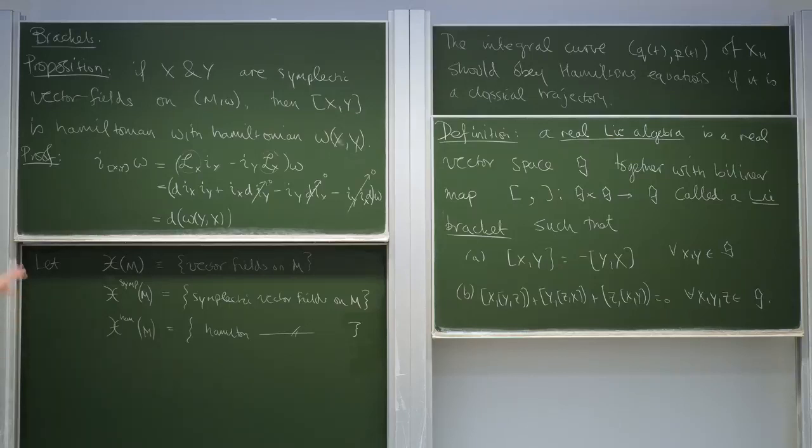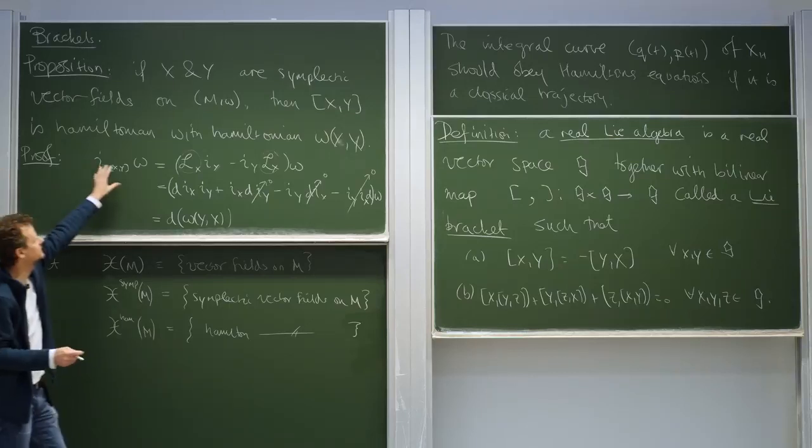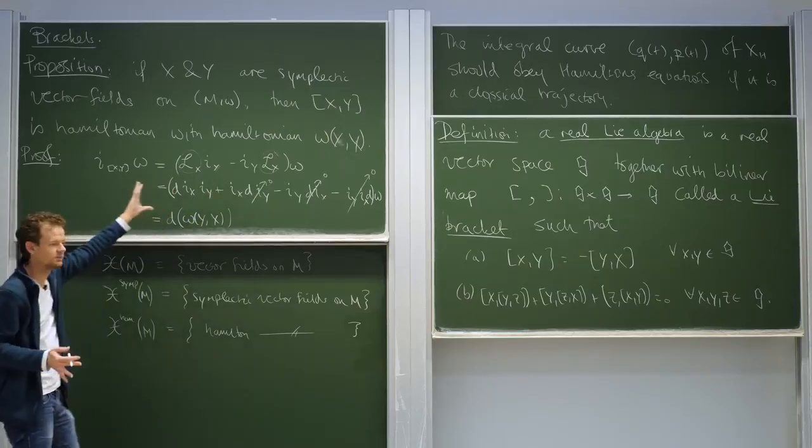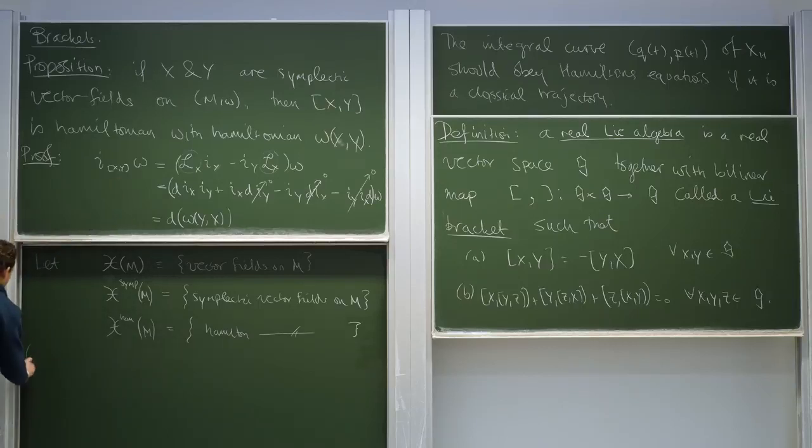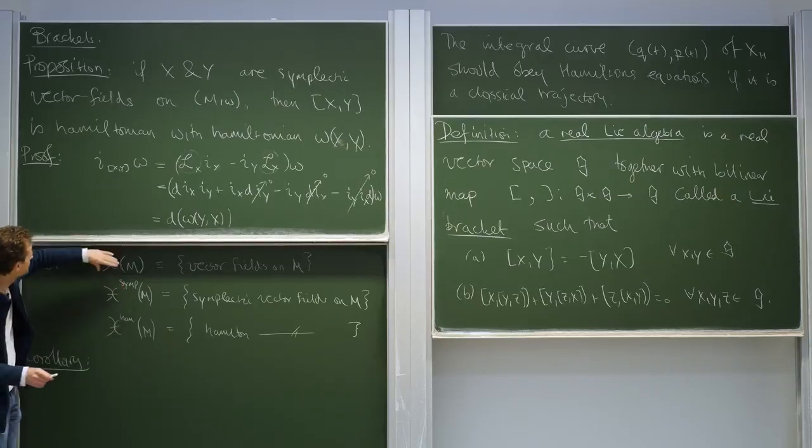And that proposition there, with its three-line proof, has this really powerful consequence: not only are these three things sets of vector fields, they're real Lie algebras, and this one's contained in this one's contained in this one.